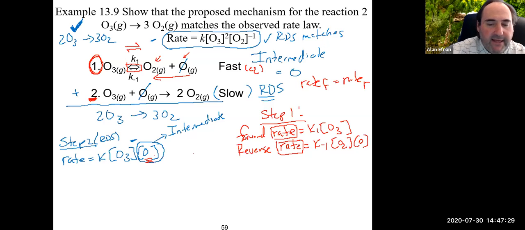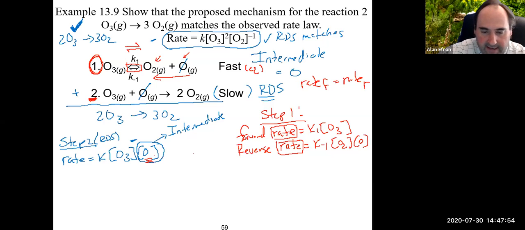And where I was going with that is, because this first step will reach equilibrium, although we do not know what the rate number is here or the value of it, we do know that it is going to be the same number. And how that's going to benefit us is we could actually set the rate law for the forward reaction equal to the rate law for the reverse reaction.